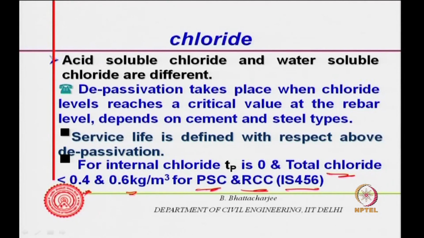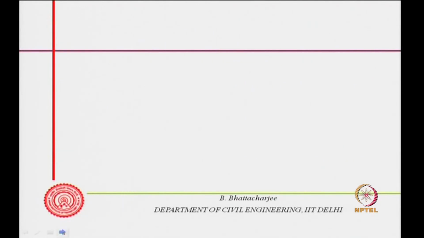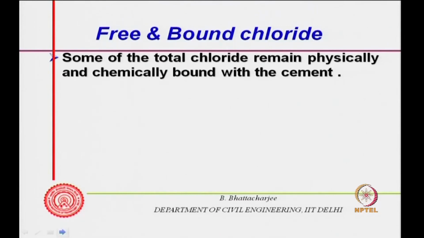Total chloride is important for ingredients, because some of the acid soluble chloride may turn into water soluble chloride in future. If you have sufficient chloride right in the beginning, the depassivation time could be even 0. So, keep new concrete free of chloride or below the values suggested in the code, 0.4 or 0.6 kg per meter cube.